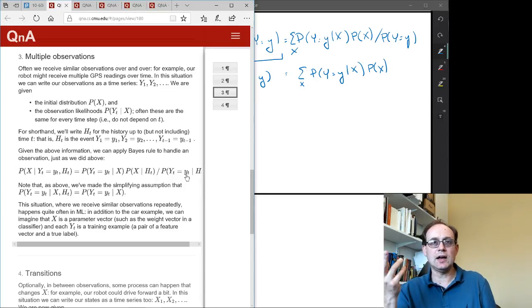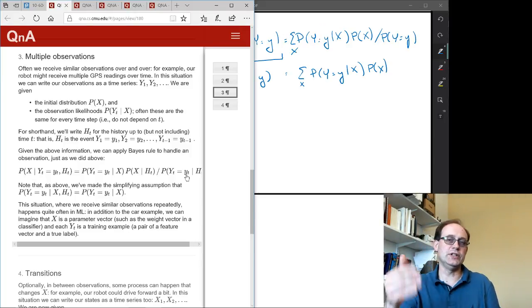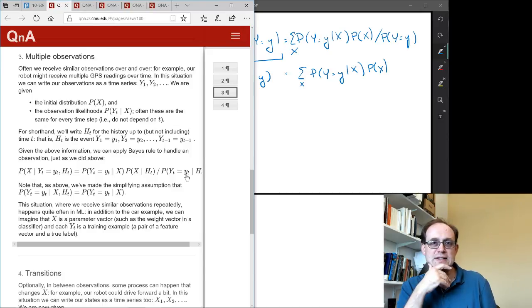And then each one of our new bits of evidence could be another training example. So it could be a pair of a feature vector and a true label. And so what we would want to do is repeatedly update our posterior probability over our parameter vector given a new example and the prior, which is the posterior from all of our previous examples.